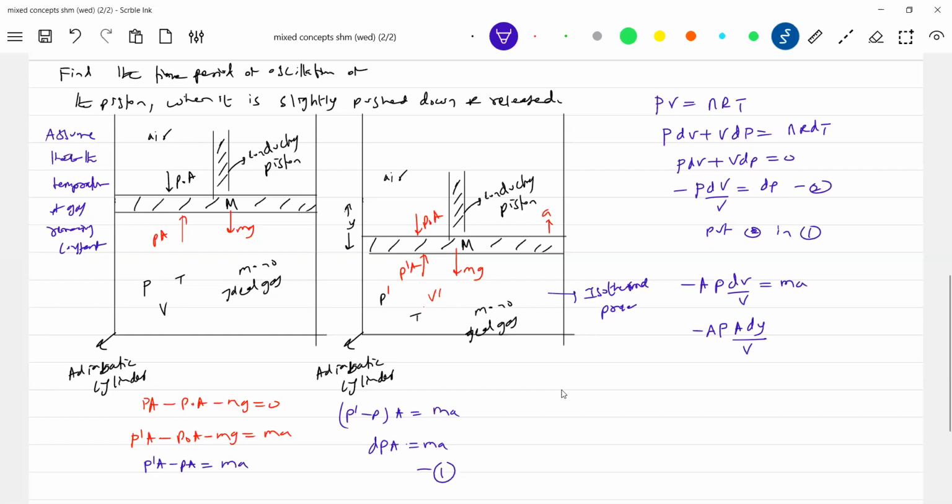And V is the initial volume, P is the initial pressure. So this will become minus P A square y by V equals ma, or acceleration is equal to minus P A square y by mV. Okay, y or dy both are the same. Change in volume, let me write Ay. What is dV? Change in volume. I think you can notice very clearly.